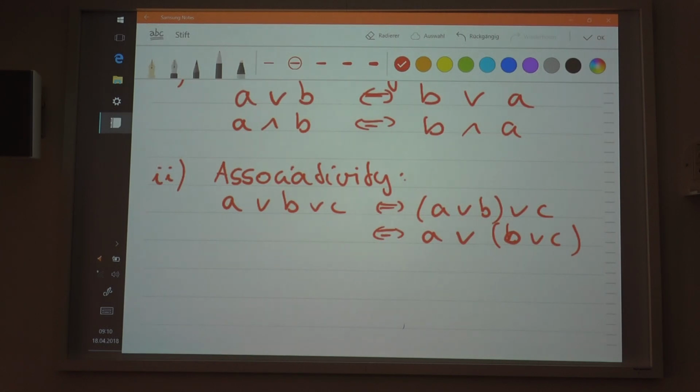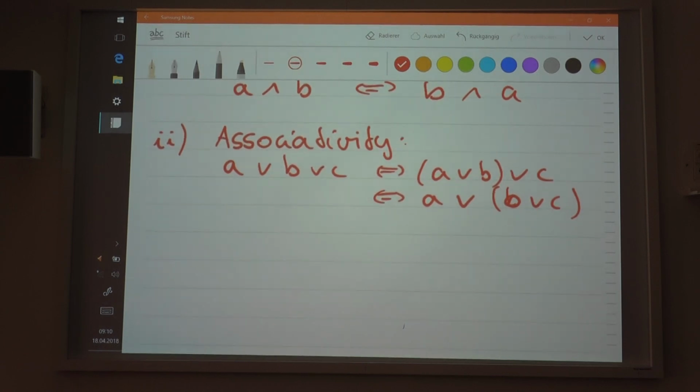This is what associativity means. You have this, for instance, also for addition and multiplication, which are also associative, and this operator is also associative as well. The same thing holds for the conjunction too.